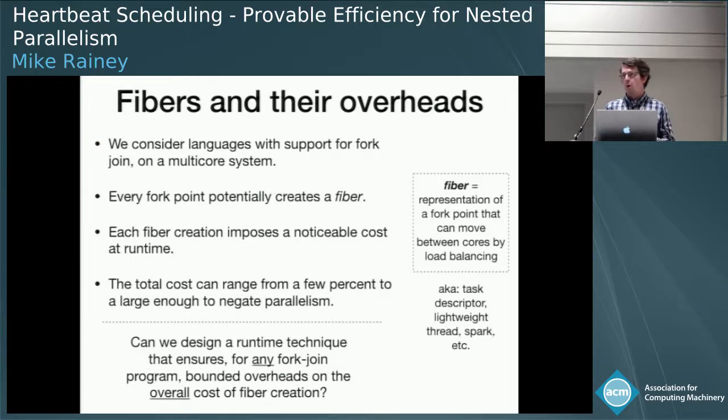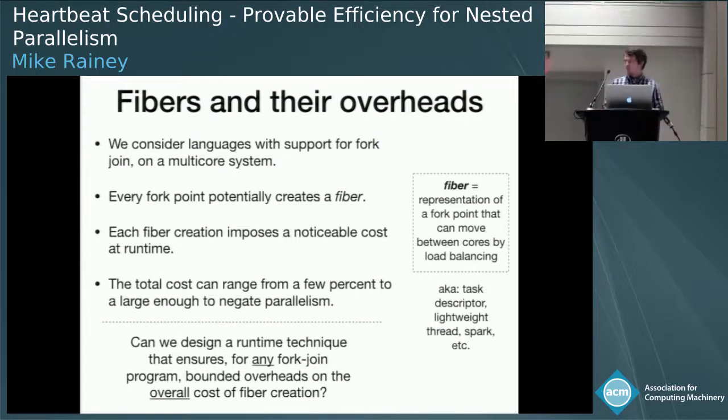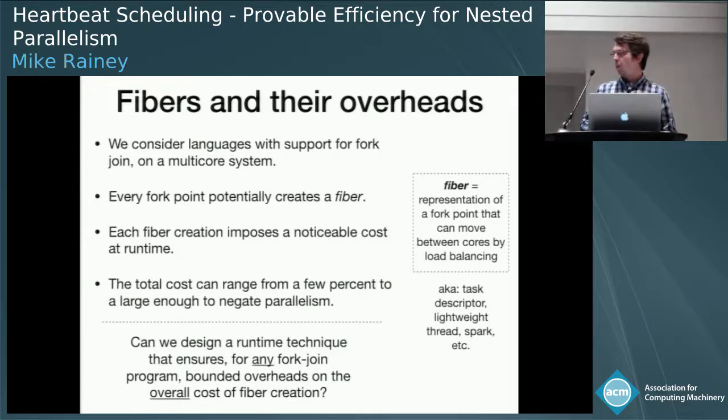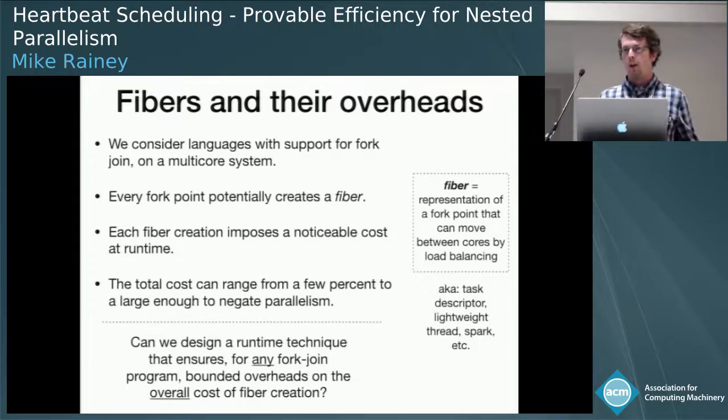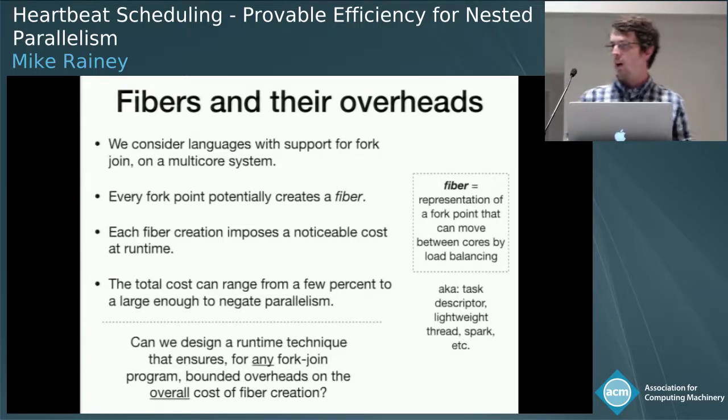If it's large enough, and this happens quite often, it could totally negate the advantage of parallelism. So clearly what we'd like is to have some guarantee that we can bound these fiber creation costs for any fork-join program, and that's what the work that we've done here is addressing.